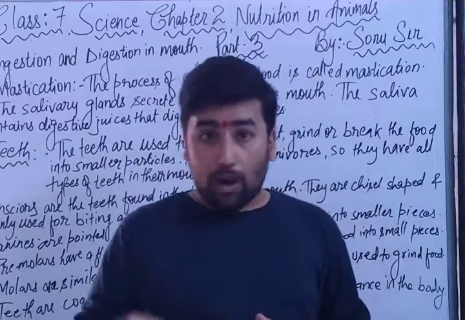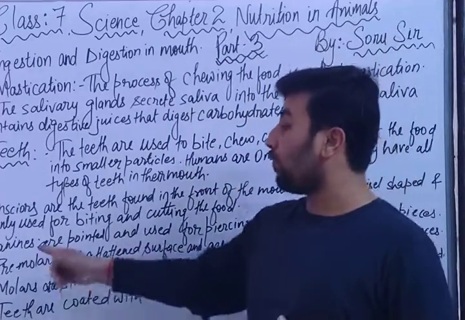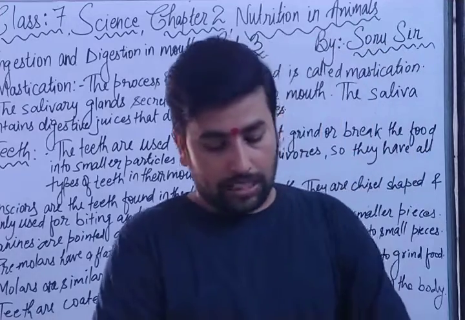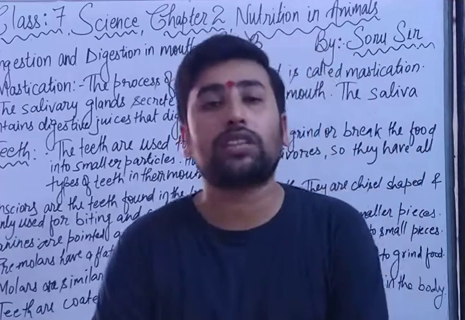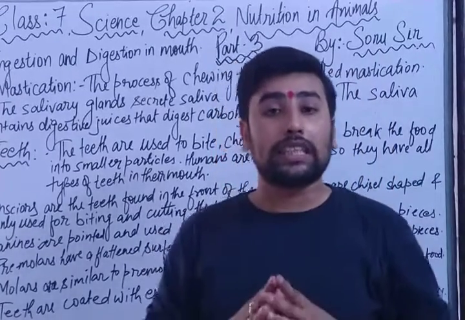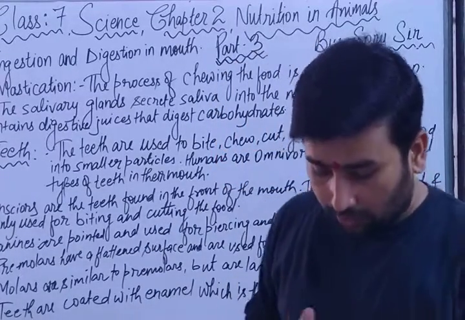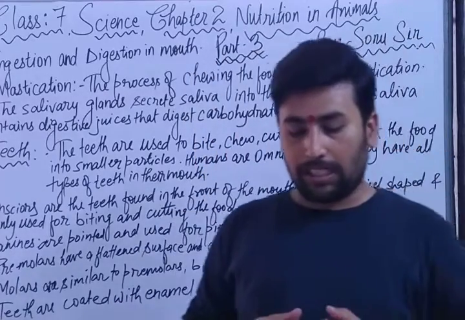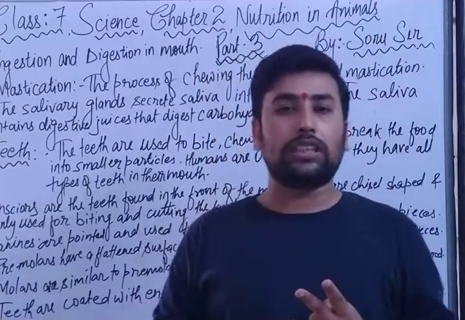So now we have to divide all the types of teeth in the upper jaw and lower jaw. Now I am telling you the total number of 16 teeth in the upper jaw and 16 teeth in the lower jaw. How are they divided? On each side of the jaw, counting from the middle, there are 2 incisors.